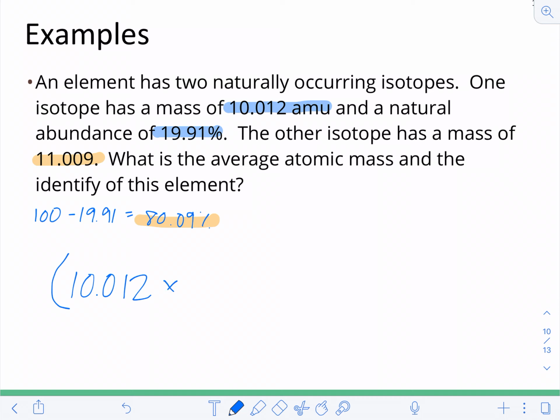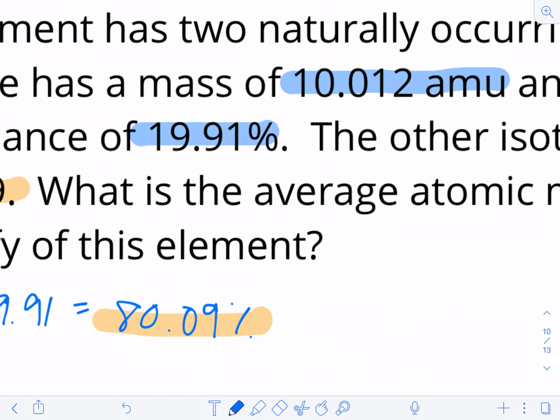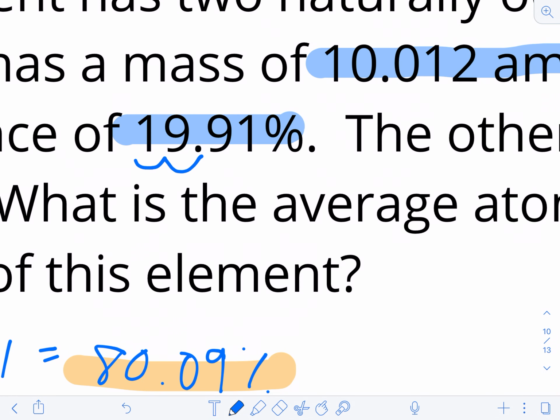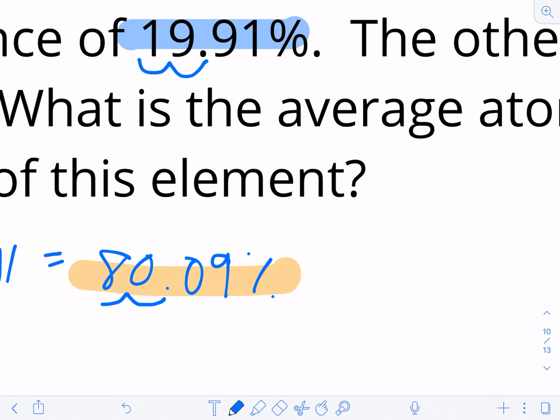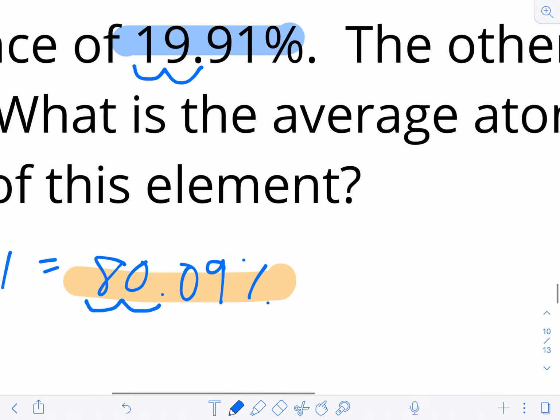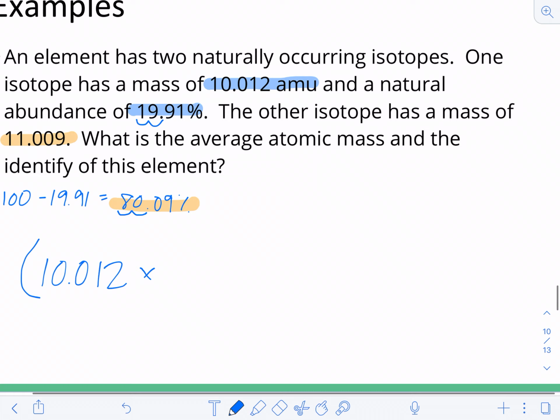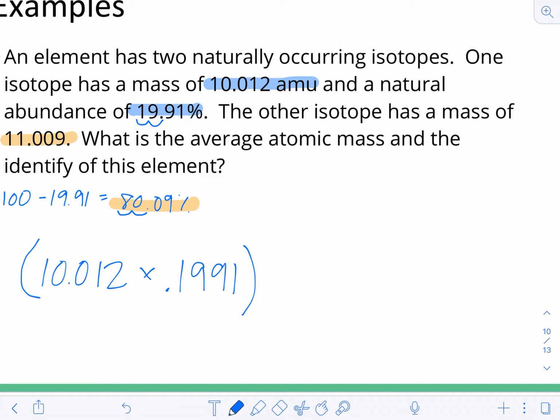But remember, we're supposed to take it out of the percent form, so I'm just going to move that decimal over 2 places. While I'm at it, I'll do it for my other percent as well. So take my mass, multiply that by 0.1991. Close my set of parentheses because that's the end of that isotope.